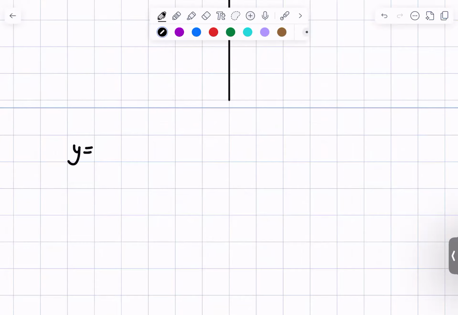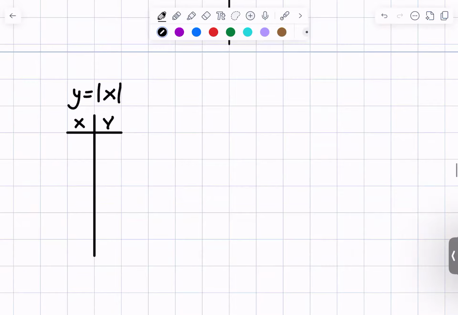So y equals absolute value of x is my parent function. My parent points will never change for an absolute value function. So x, y, that would be -2, -1, 0, 1, 2. And this would be 2, 1, 0, 1, 2, right?